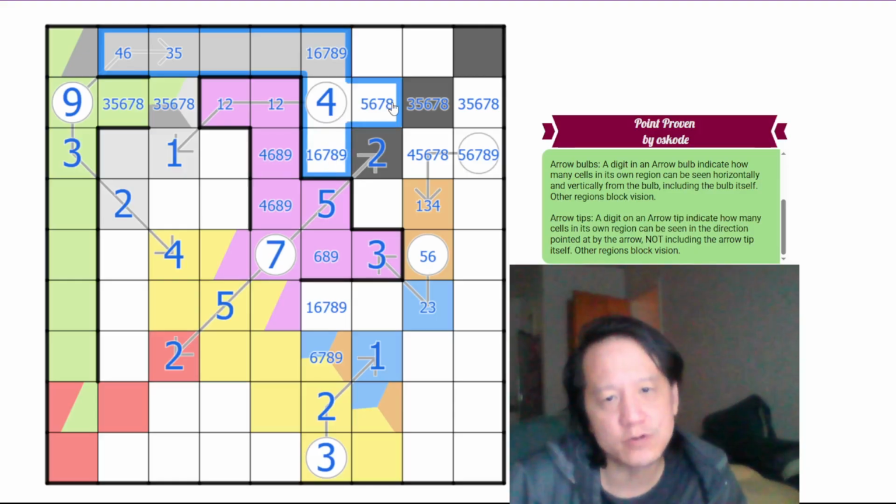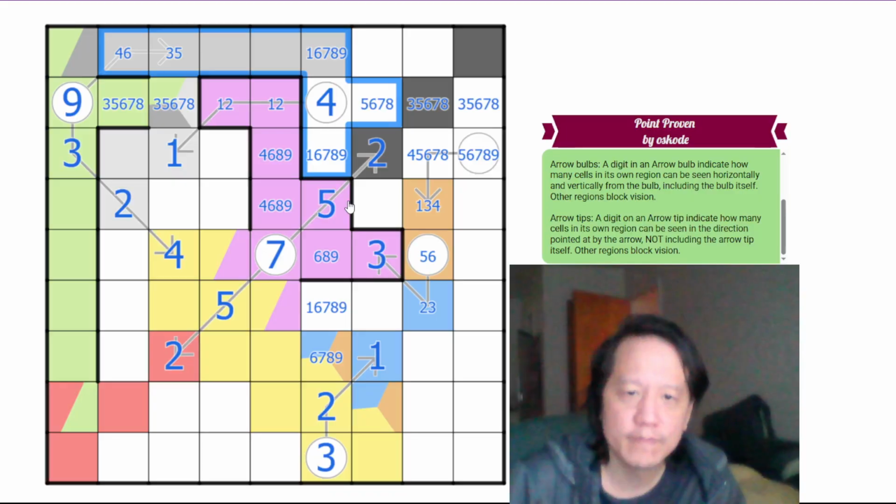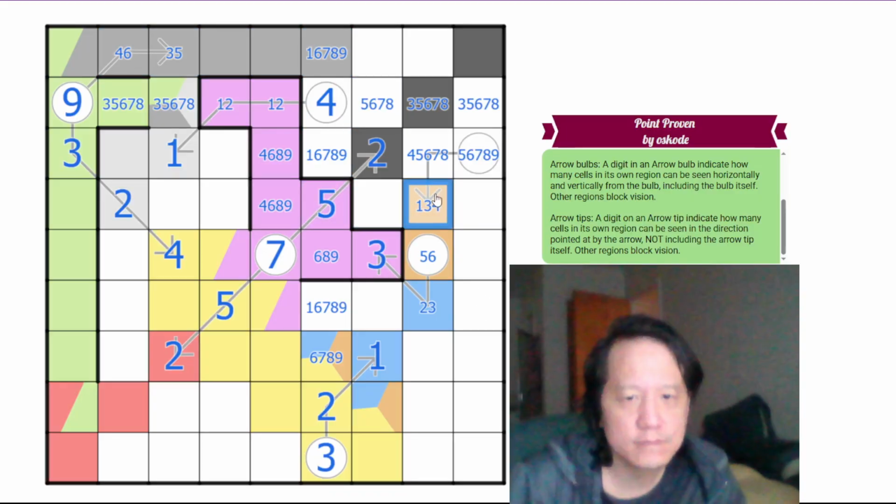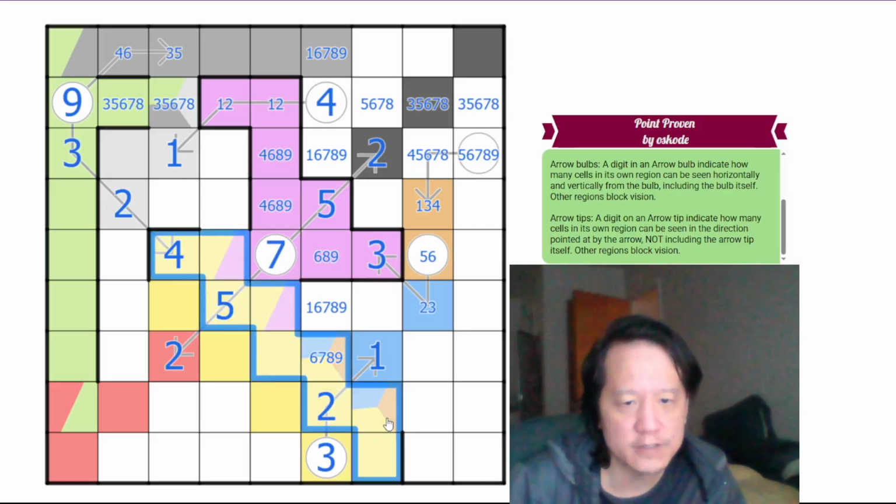So that does work, unfortunately. Hmm. Oh, that means yellow definitely has to have borders here and here. Right? It only can find ways to connect, and that's it.